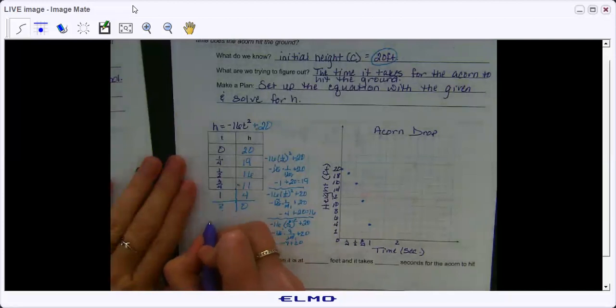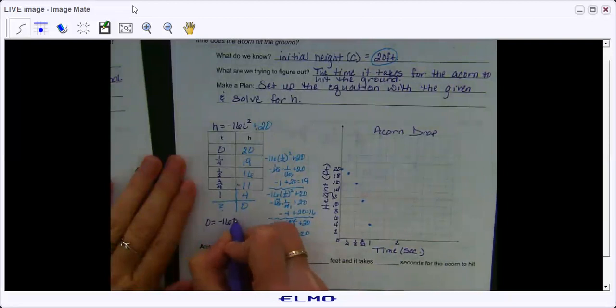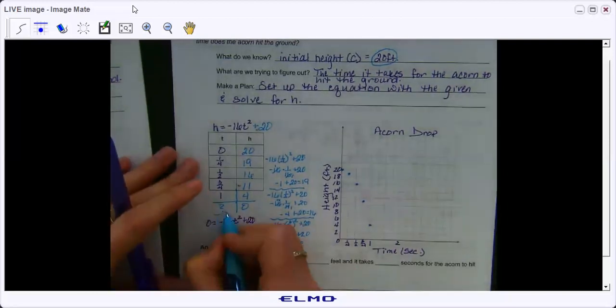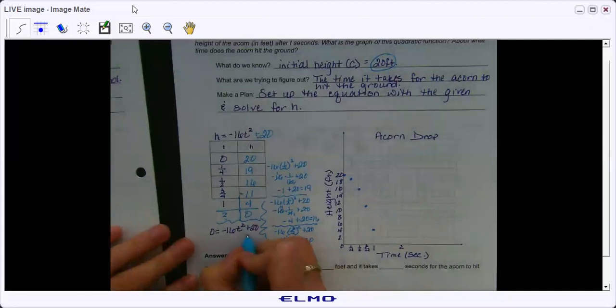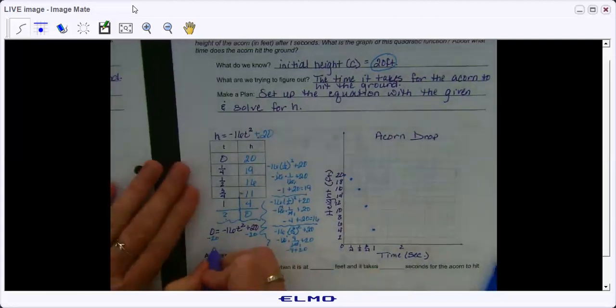So 0 equals -16 t squared plus 20. So we're going to subtract 20 on both sides. And we end up with -20 equals -16 t squared.